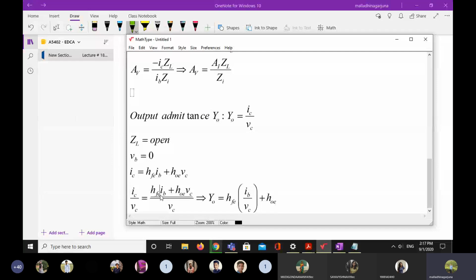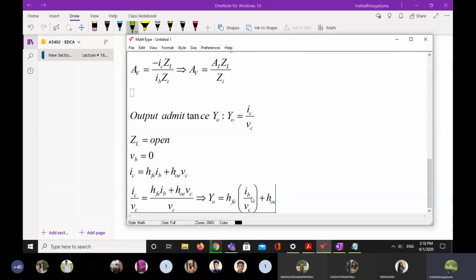So HFE keep aside, IB by VC, and HOE VC by VC cancel, HOE. This is our output admittance. But we have to know the relation between the input current and output voltage. Therefore, you can substitute that relation in this equation. Then your equation will be fulfilled. So you have to find out the relation between the input current and output voltage, then bring that relation and substitute here. Then it will be the final equation.